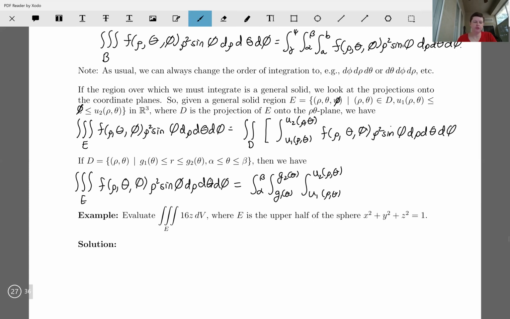So we're doing that triple integral of our function f of rho theta phi dV, which in this case is rho squared sine phi d something. Let's see, what's my order now? It's going to be d phi, d rho, d theta, which is actually, pardon me, we're going to pause a moment and correct the integral up above. Really not sure how I made that error.